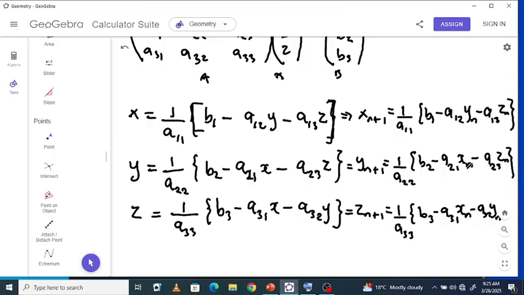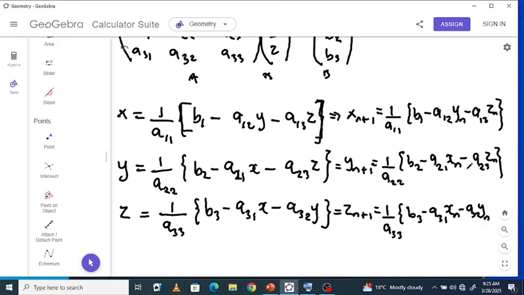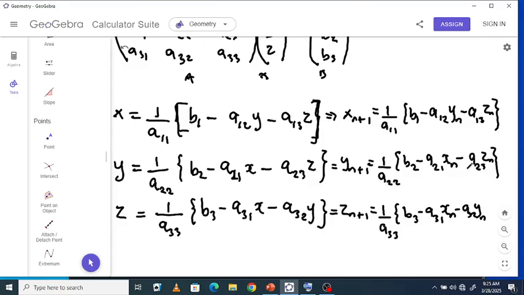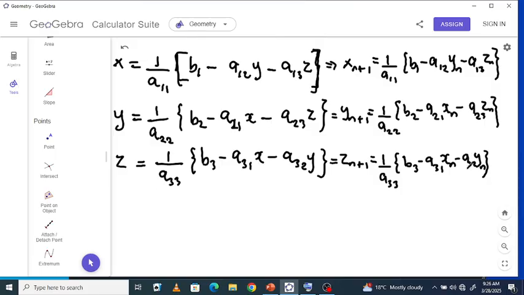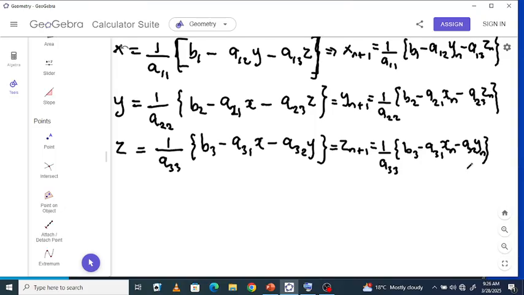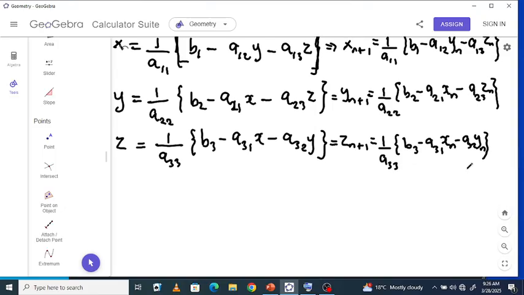That's our Jacobi iterative scheme. That enables us to get the xn plus 1, yn plus 1, zn plus 1. So these three equations, equation 1, equation 2, equation 3, give us the Jacobi iterative scheme.